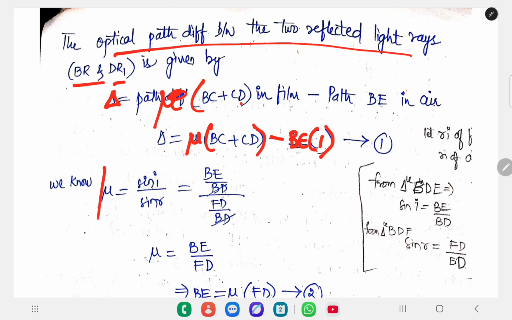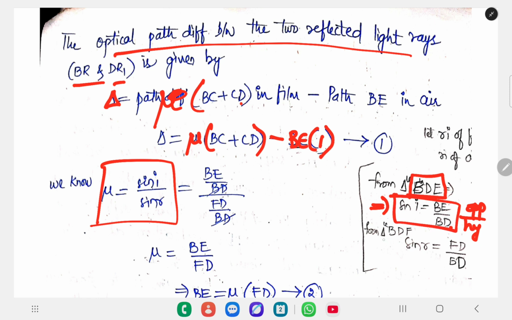Now we know from Snell's law, mu is equal to sin i by sin r. From triangle BDE we get sin i as opposite by hypotenuse, that is BE by BD, and from triangle BDF we get sin r as FD by BD.